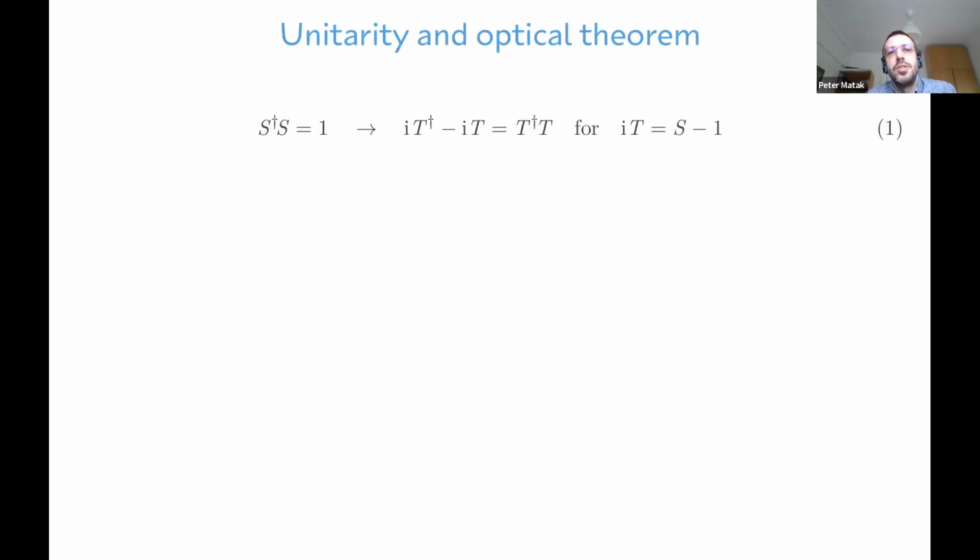We have the usual and simple unitarity condition for the zero temperature scattering matrix, as you learn at the first lecture of QFT. We can split it into the unity and interacting parts, which is represented by the T matrix, conventionally with the imaginary unit there.